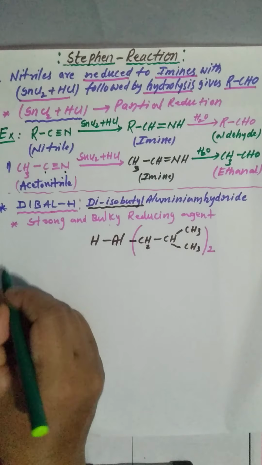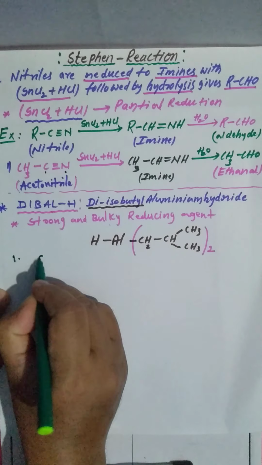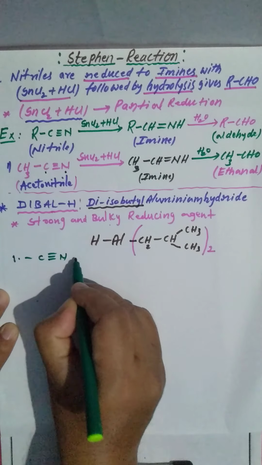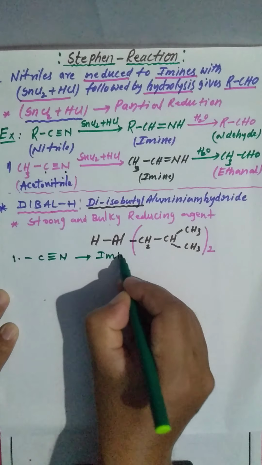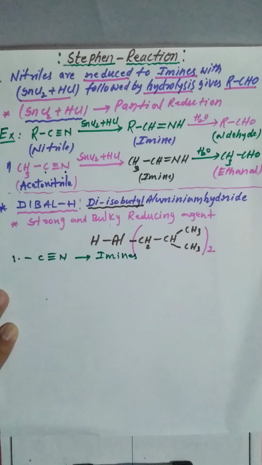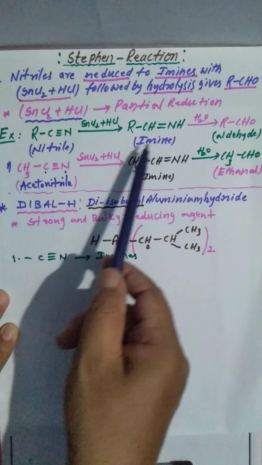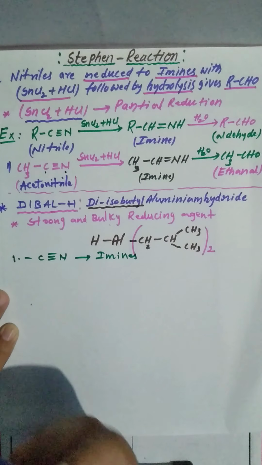What will it do? Number 1, it will reduce nitriles to imines. Nitriles to imines. Clear? Just as stannous chloride HCl converted nitriles to imine followed by hydrolysis, the same it will do.